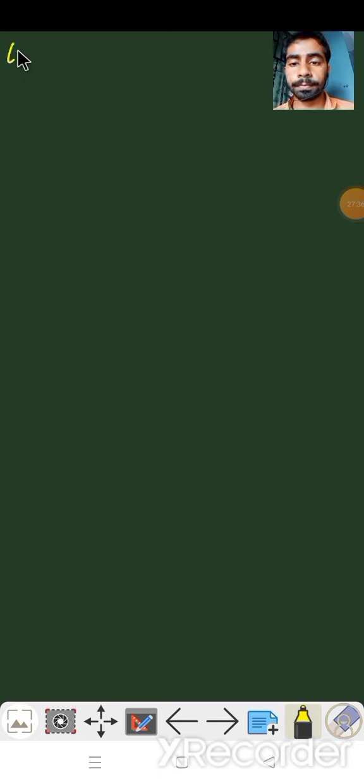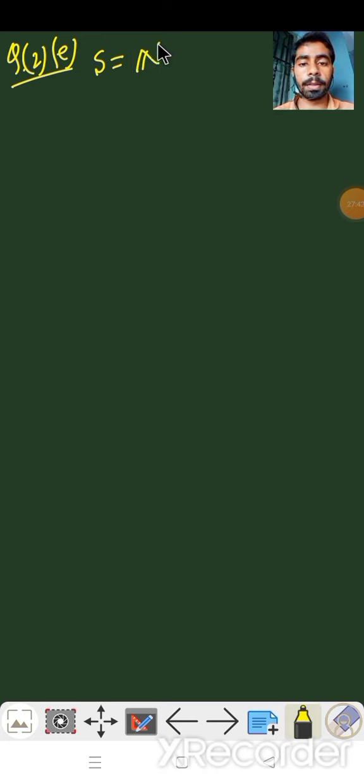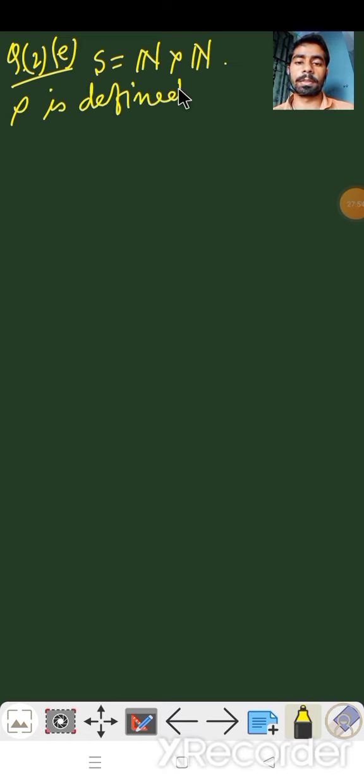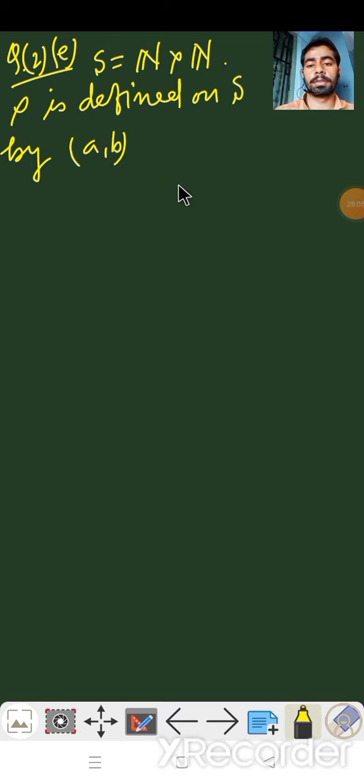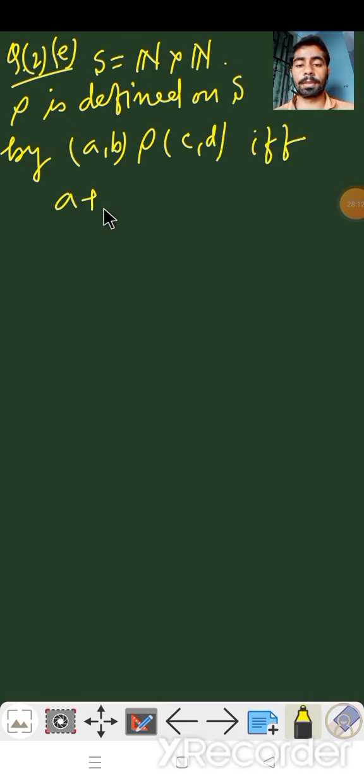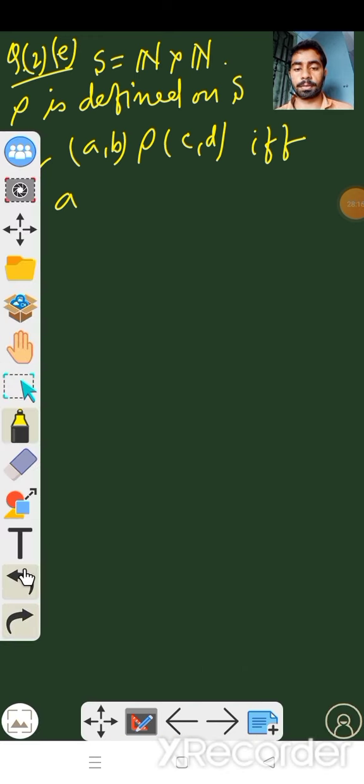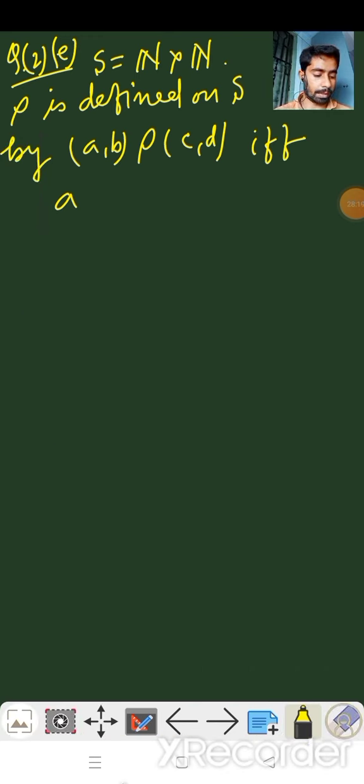Question 2E is given by a set S equals N by N. Now, a relation rho is defined on S by AB is related to CD if and only if AD equals BC. That is the same definition that we have already done previously.